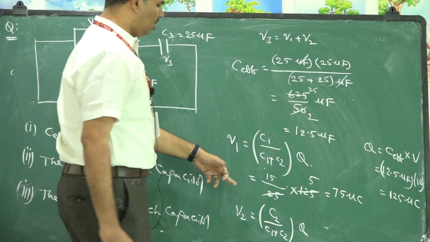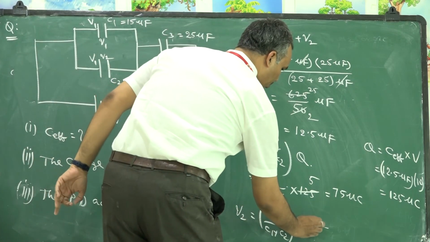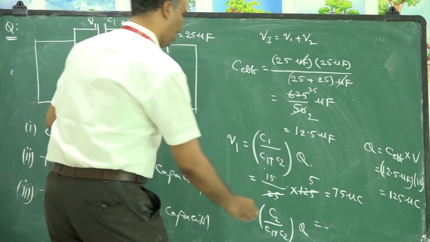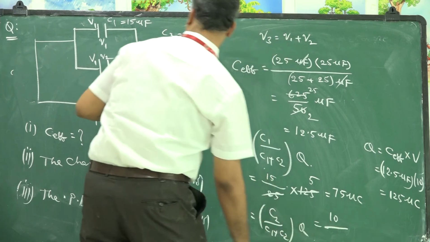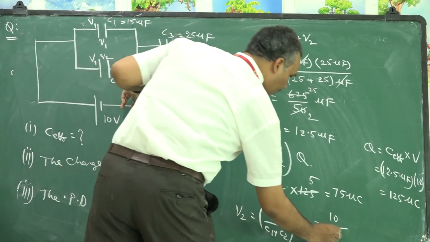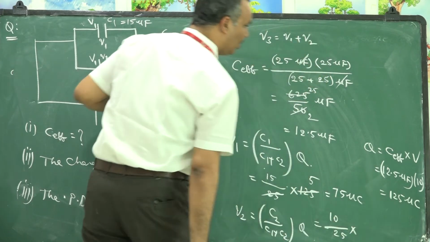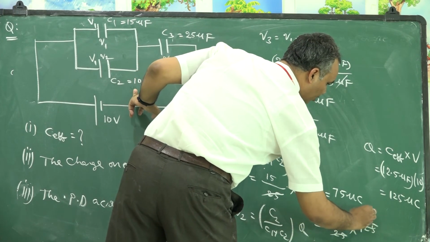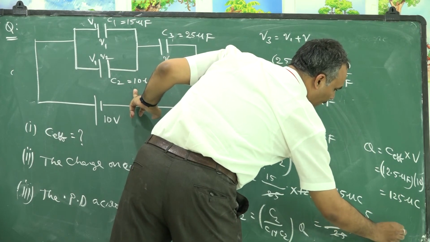This formula we can derive easily. I will tell you the proof for that. What is C2? 10 by C1 plus C2 means 25, into what is Q? 125. It will go for 5 times. So 50 microcoulomb.